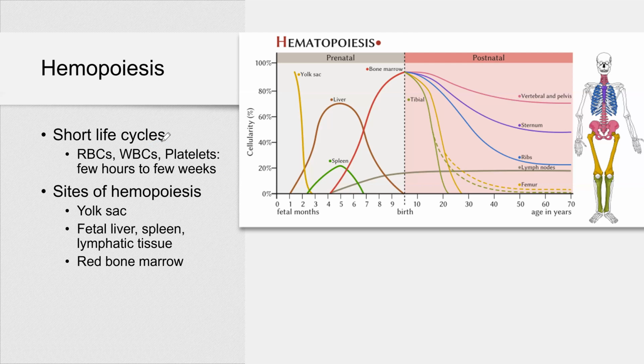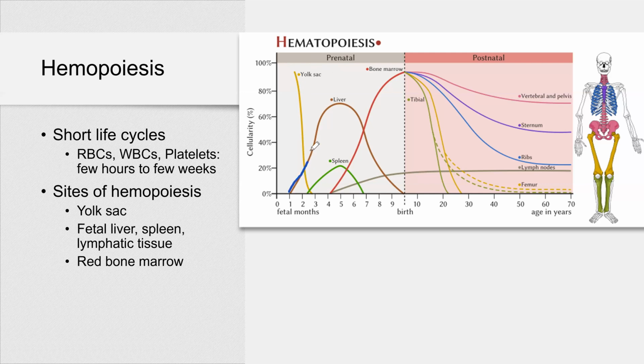So where exactly does this hematopoiesis happen? On this diagram, you can see that in prenatal development, most blood cells are made in the yolk sac, right? Kind of like at the first several months, the beginning, and then it drops drastically, because we don't have a yolk sac after a few months of development.